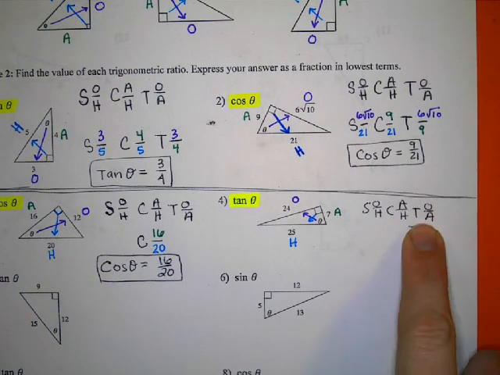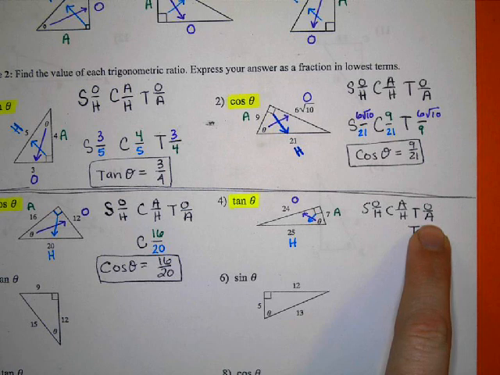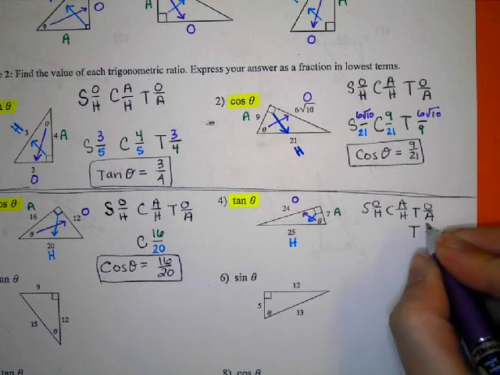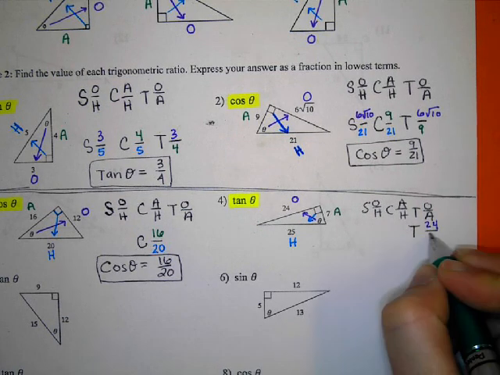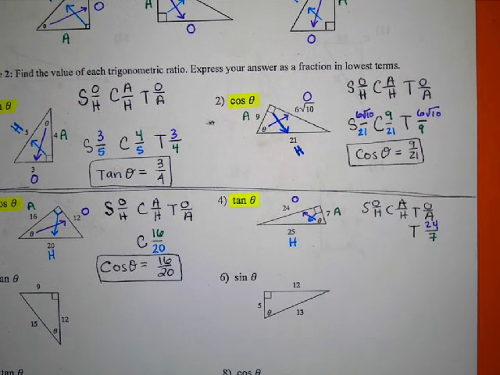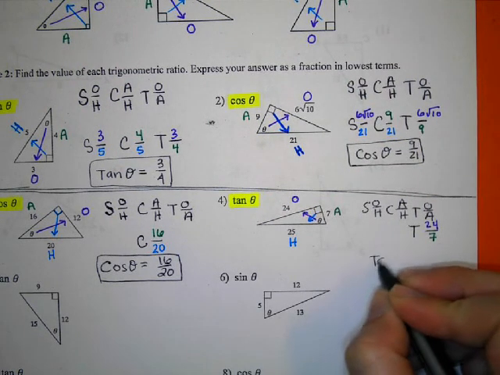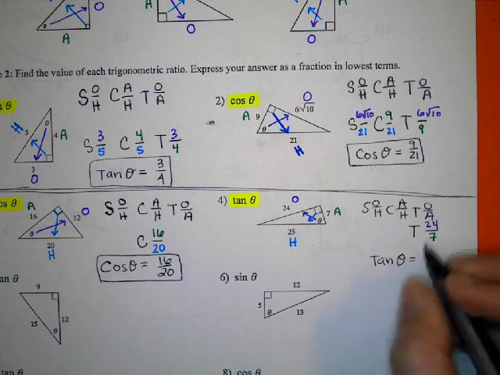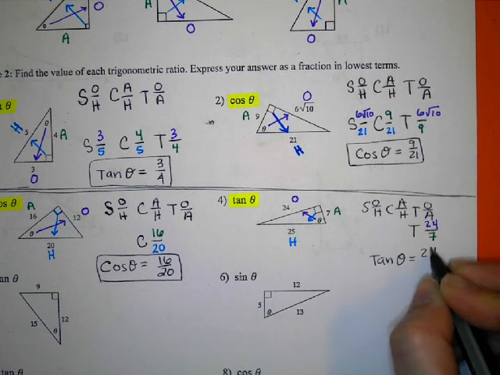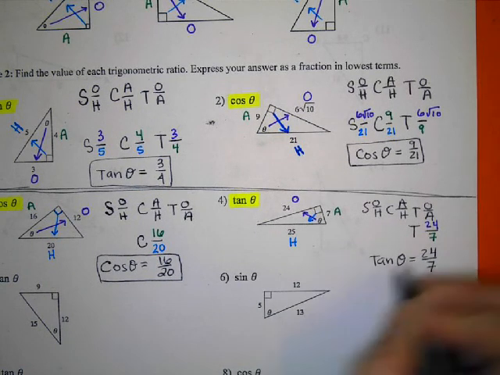Tangent, based off of my memorization tool, is O over A. So I will write tangent of that theta, that angle, is equal to 24 over 7.